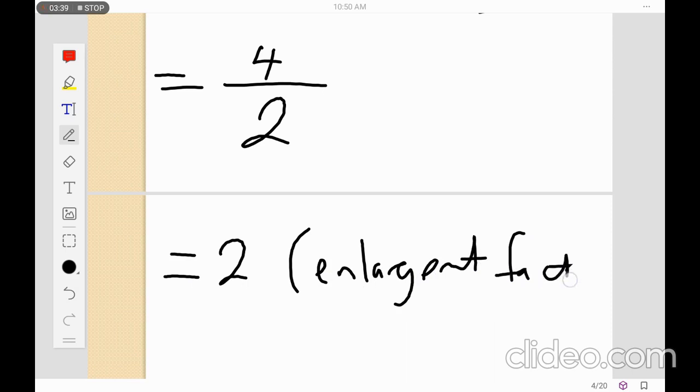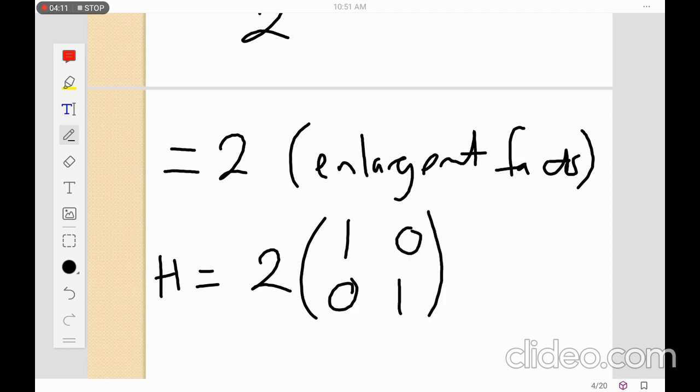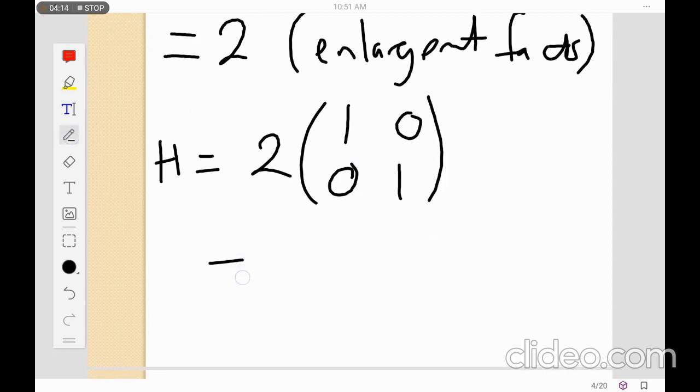If we want to represent this information using a matrix, remember we said when we talk of enlargement, H is equal to its factor times the identity. At the end of the day, we multiply and we get our enlargement matrix as 2, 0, 0, 2.